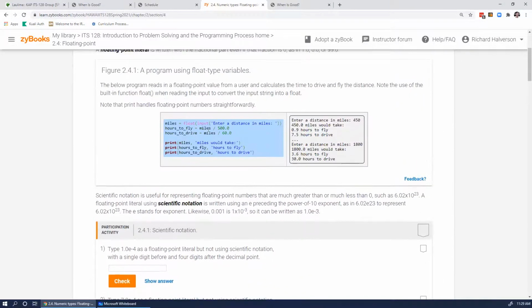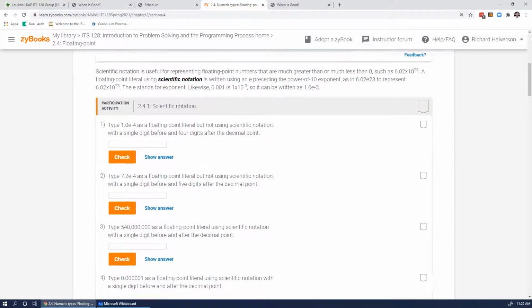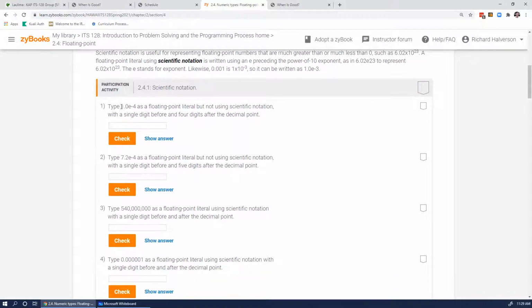Also, division is different between floating point numbers and integer numbers. And then there's this thing called scientific notation, which you should understand. This is 1 times 10 to the minus 4 power, which is a single digit, 0.0001.